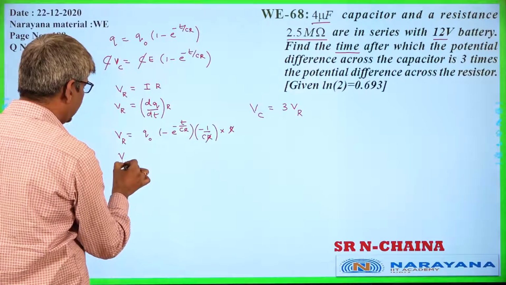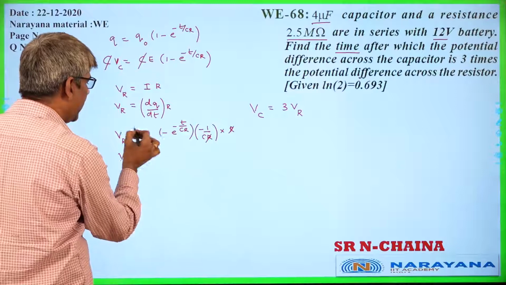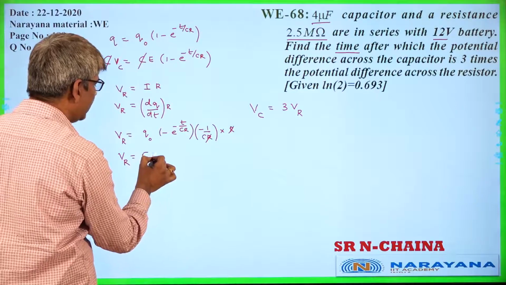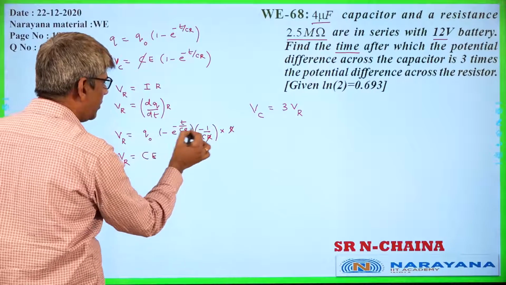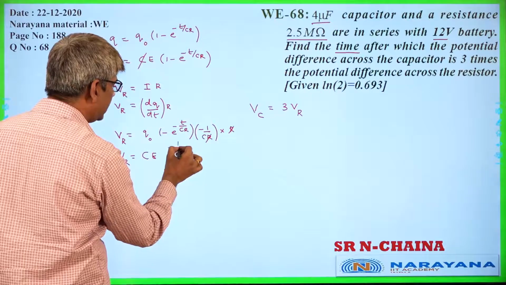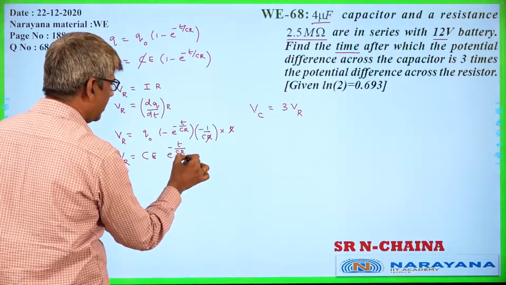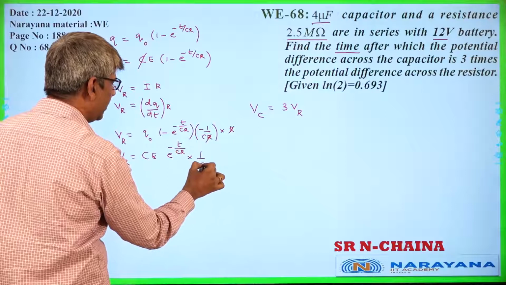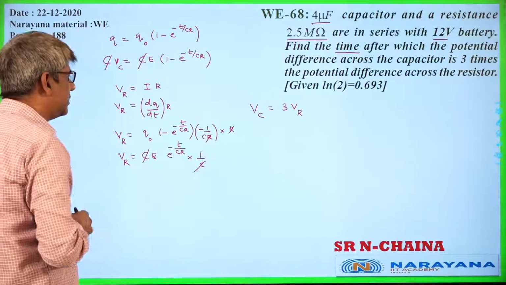So VR is equal to, once again, we can write Q0 as CE, minus of minus plus E e power minus t by CR into 1 by C also. This and this cancel out.